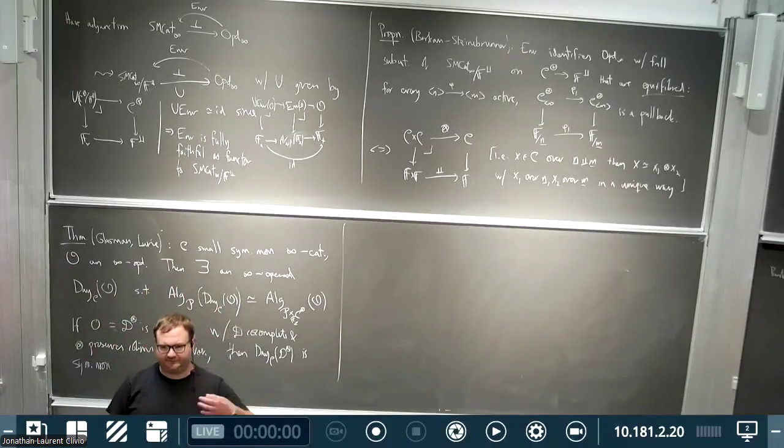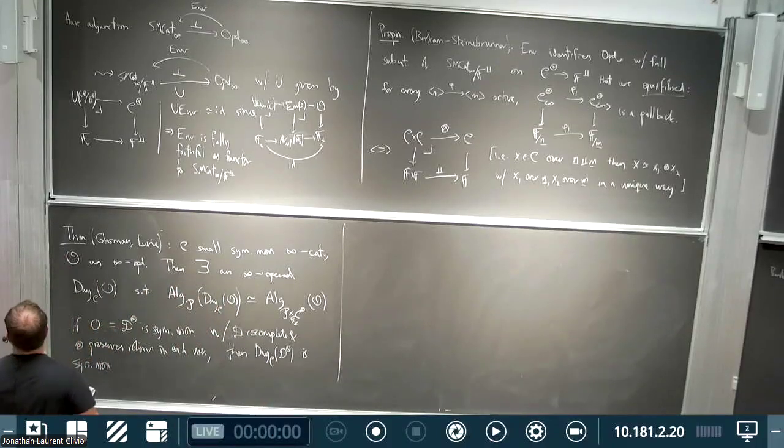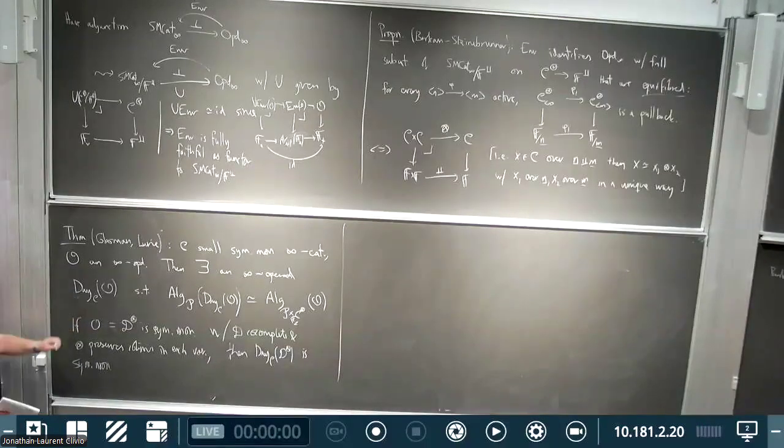So I'm saying that you can generalize the Day convolution to a target that's just an operad, it doesn't have to be symmetric monoidal, and then you just get the Day convolution operad. But the source, in the statement here, has to be symmetric monoidal. This certainly does not exist if I replace C tensor by some arbitrary operad.